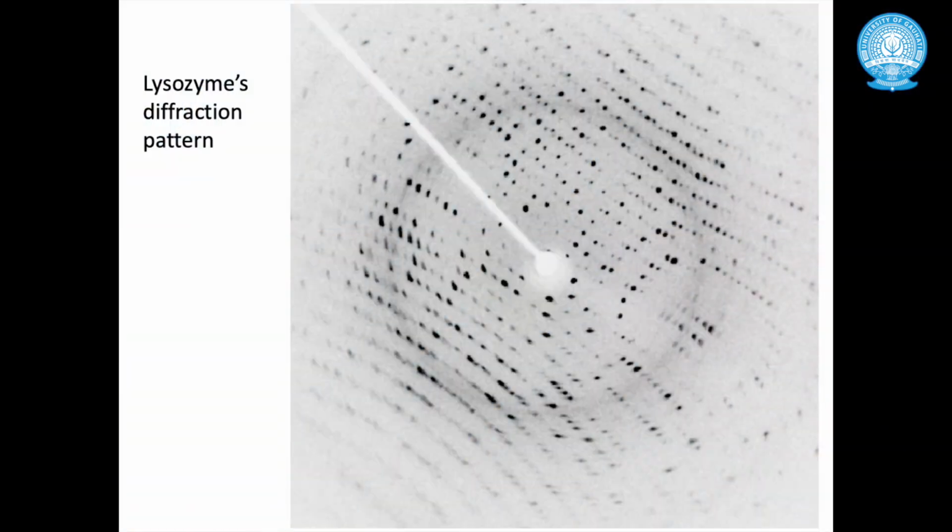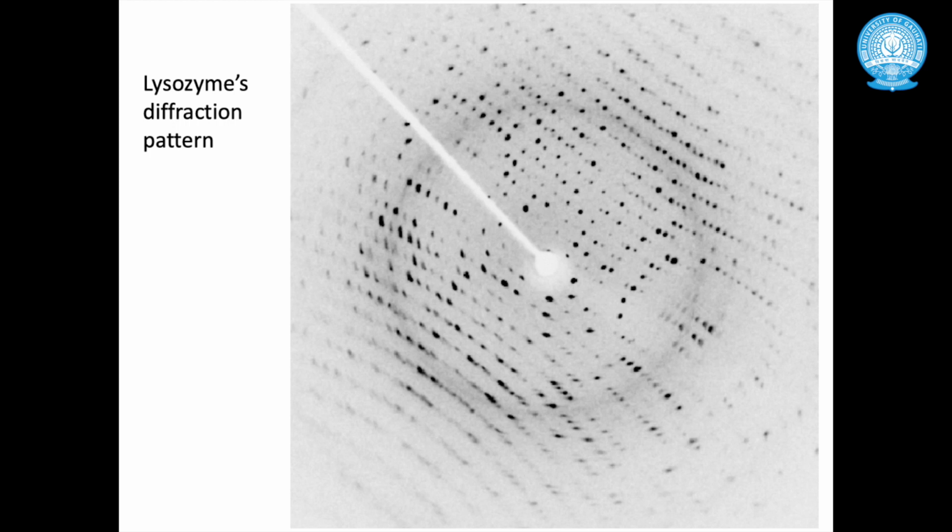So here the picture shows that when a beam falls on a crystal, it is diffracted, and the degree of diffraction is equal to the distance between the atomic or molecular planes of the compound.